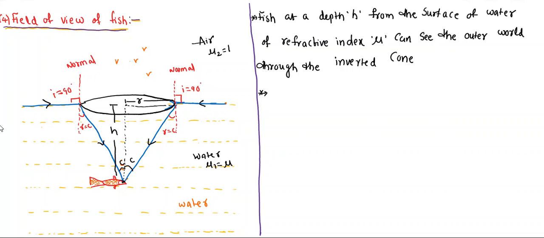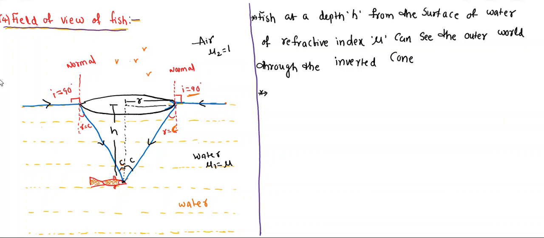This red line is the normal, and the angle of incidence here is 90 degrees. When the angle of incidence is 90 degrees, the angle of refraction equals the critical angle, that we know already. Here r will become c.